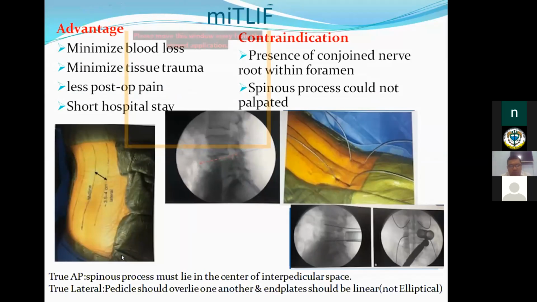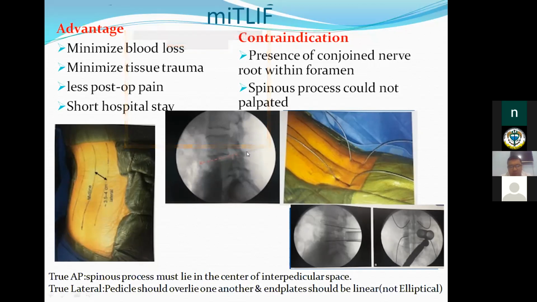In this surgery also, the main thing is positioning of the patient, and the imaging is very important. After positioning and imaging, we draw one line feeling the spinous process, and the other two lines on the side, 3.5 to 4 centimeters away from the midline. Once we draw these lines, we pass a QR to mark the level, and in AP view we put the QR just medial to the facet.